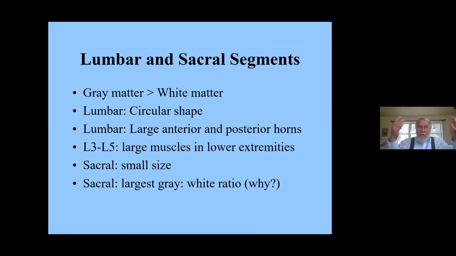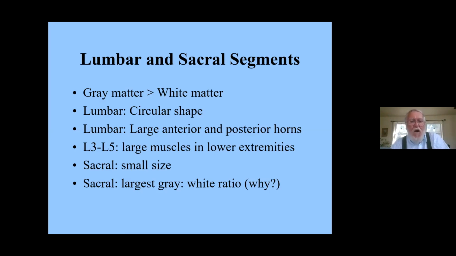Because a lot of the fibers that were entering the spinal cord going to the brain have already gone through, other than the local lumbar and sacral ones, and the descending ones have sloughed off. So the lumbar has a circular shape, and it has very large anterior and posterior horns.